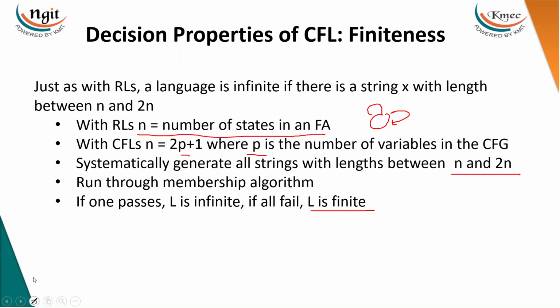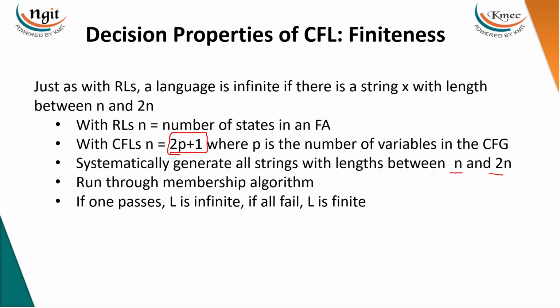But in a PDA, you have to convert it into CNF. In the CNF, we have the grammar with p variables or non-terminals. Then generate all the strings with length between n and 2n.